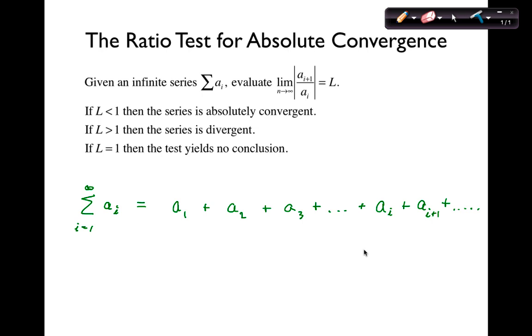Okay, so what would you multiply the current term by to get the next term? What do you multiply a_i by to get a_(i+1)? So we can set up a little algebra problem here. a_i times x equals a_(i+1). What is x?